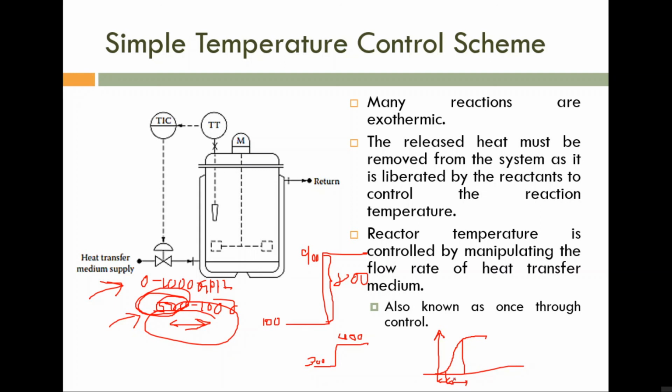So the question is whether these two are the same with respect to small step size and large step size or not. That we have to consider. And by considering these two and this Reynolds number, we are first modifying this simple temperature control scheme to a control scheme with recirculation.